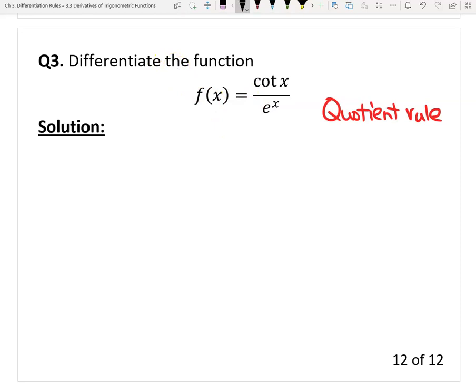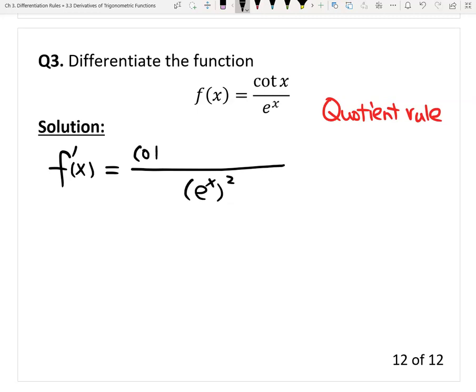Let me write the quotient rule first. So we have the derivative should be equal to this. It's very long, right? Okay, let me write here. The denominator square, which is e to the x squared. The top is the first, take derivative. Okay, do you remember the formula?